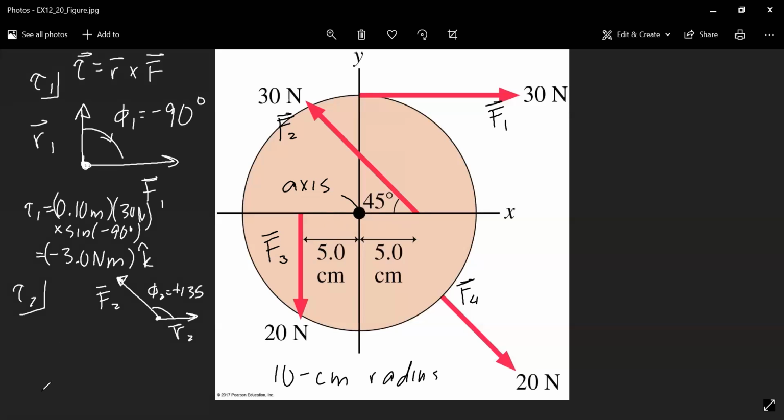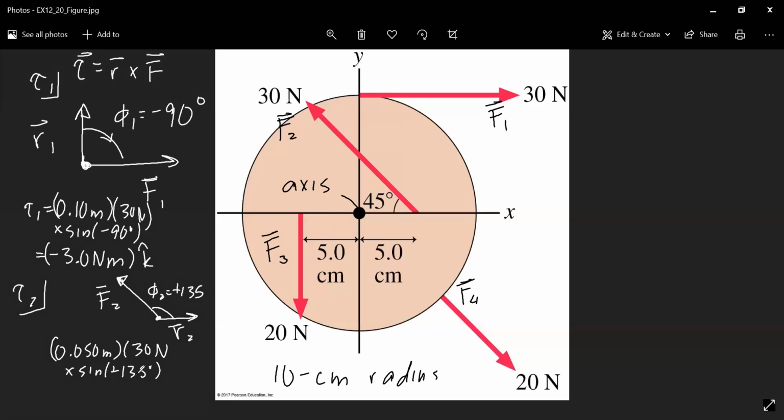And so calculating this torque, we have 0.050 meters for the R times the same 30 newtons, now times sine of plus 135 degrees. 30 times 0.05, that's like 30 divided by 20, which is 1.5.